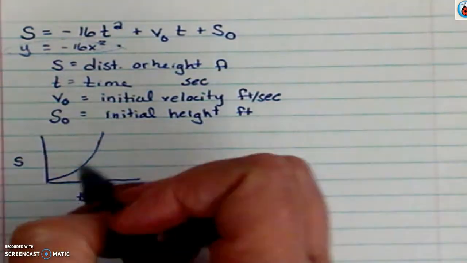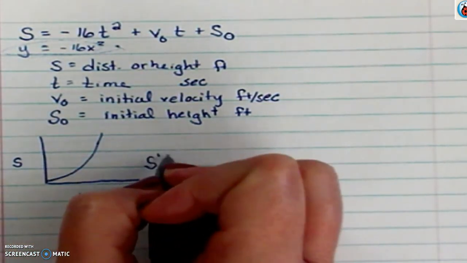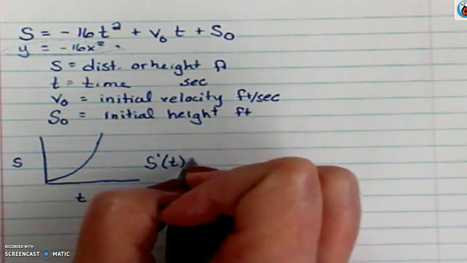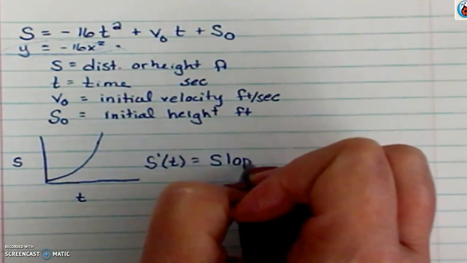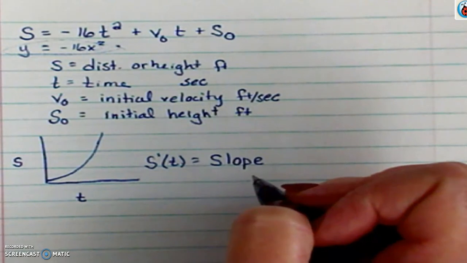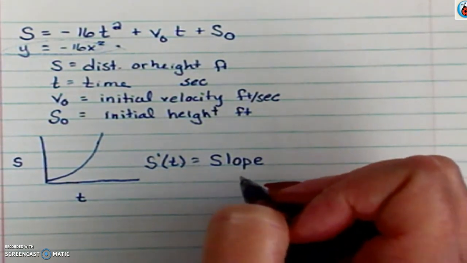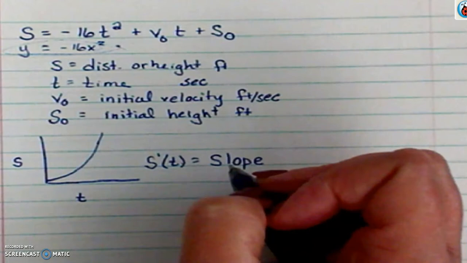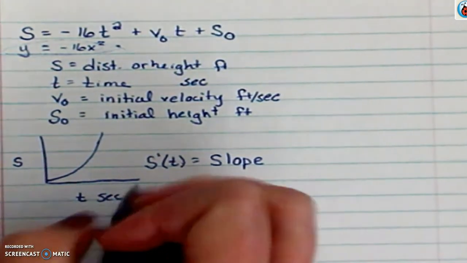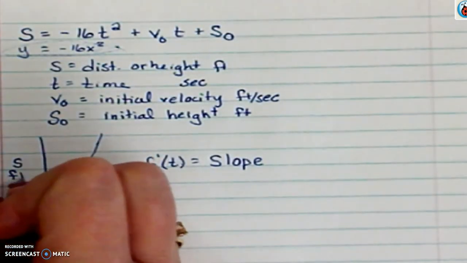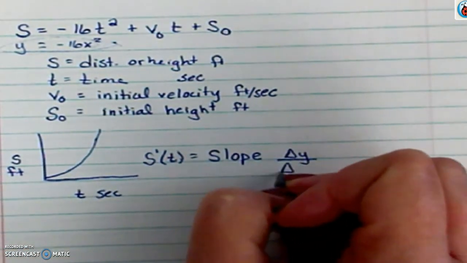But what I want to point out is that, remember, if you take the derivative, the whole thing we've been writing on that derivative page is that it means slope. It's the slope of a tangent line to the curve at any point on the curve. So the first derivative is referring to your slope, and if you look at the units you are dealing with for this particular problem, it's the change in y over the change in x.